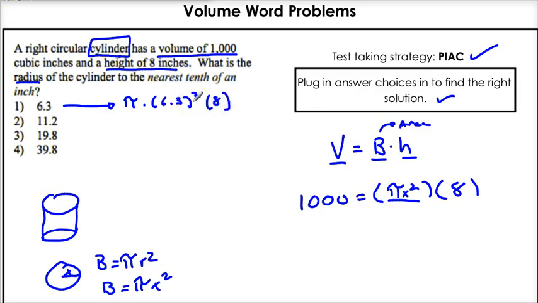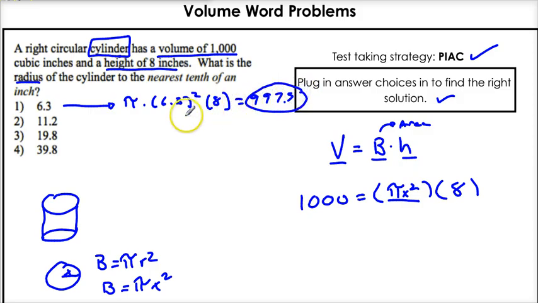All right, so I'm going to just put this in my calculator. Let's see if this gets us something close to 1,000. So it's 8 times pi times 6.3 squared. This gives me 997.5, and that's pretty close to 1,000.